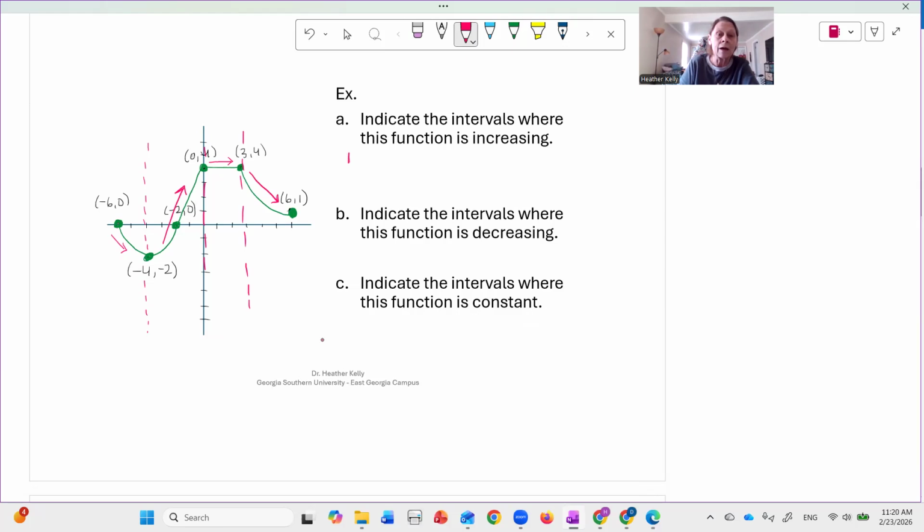So we're going to have increasing, which I shorthandedly write like this. We'll have decreasing. And we'll have constant.